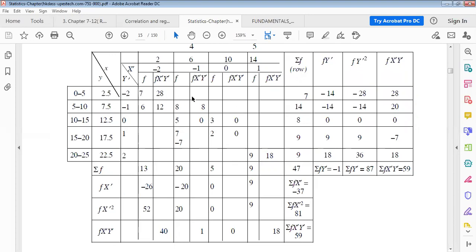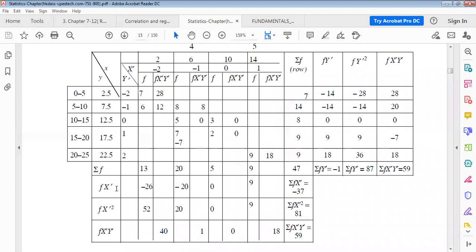Individually, summation f row wise: 7, and 6, 8, 8 will be what? 6, 8 makes 14, and 0, 5, and 3 makes 8. So row wise we get the sum of frequency total as 47. Here the total is also 47.